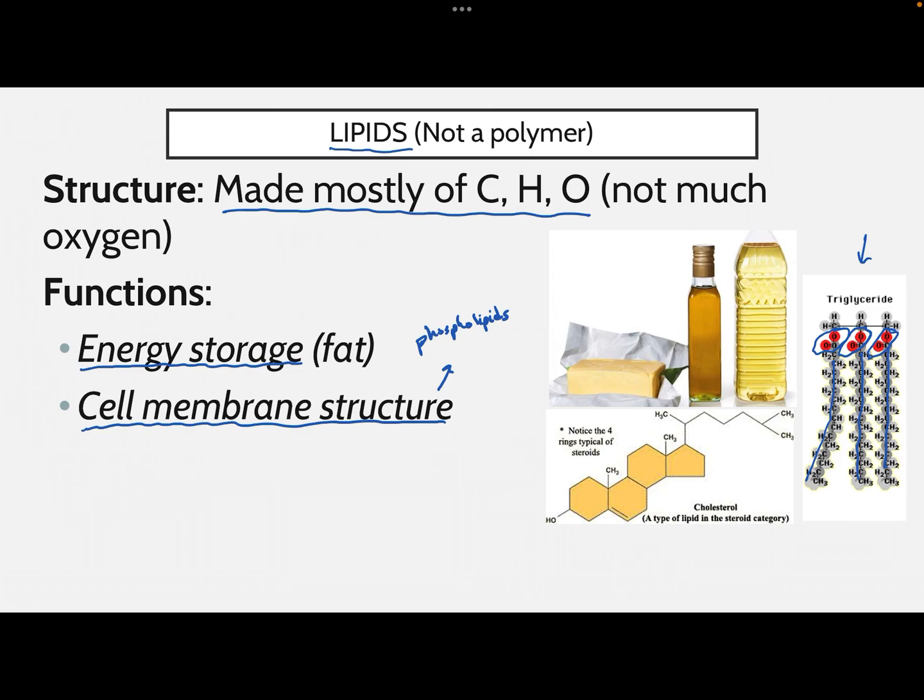So phospholipids are a little bit of a hybrid. They don't just have the standard lipid components; they have lipids plus a little bit of extra. They're kind of a mix, but we still categorize them as lipids because overall they're mostly made up of macromolecules that would be categorized as lipids.